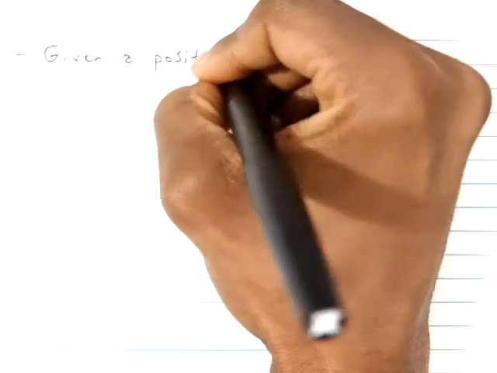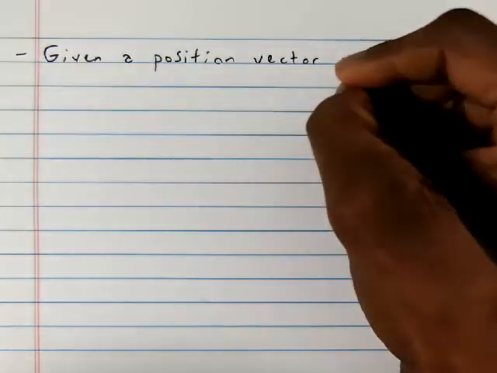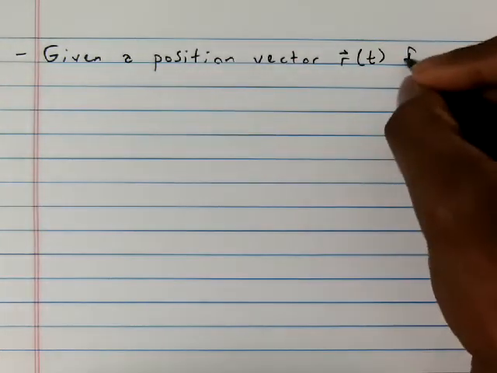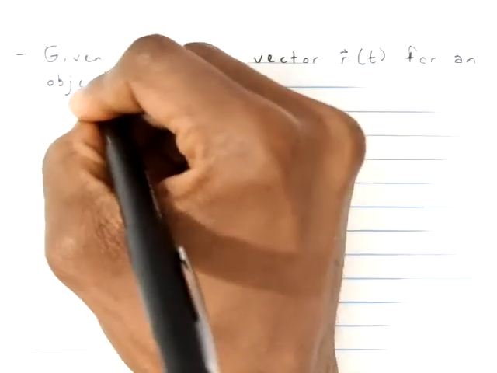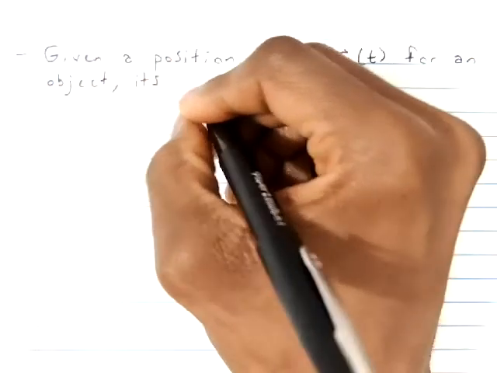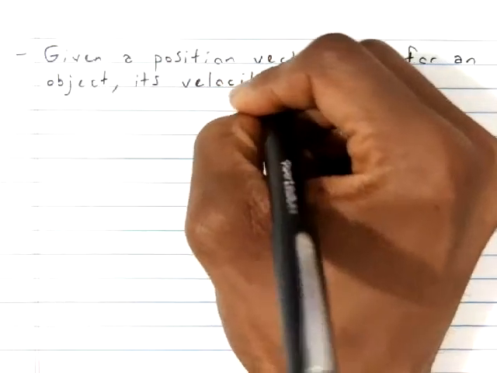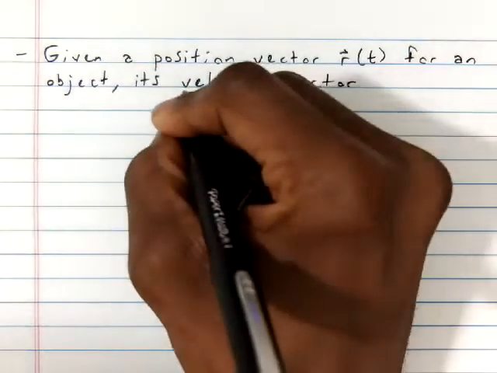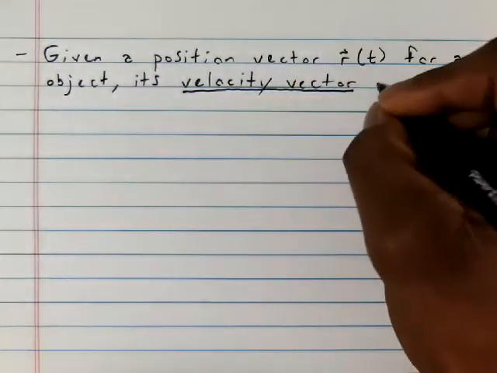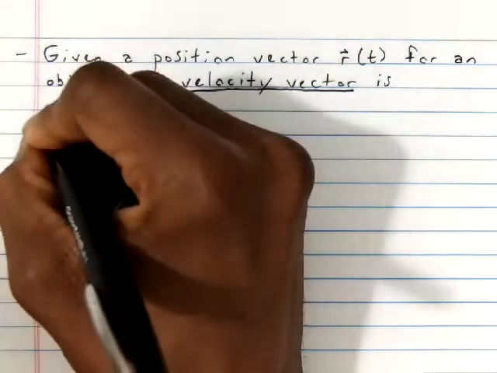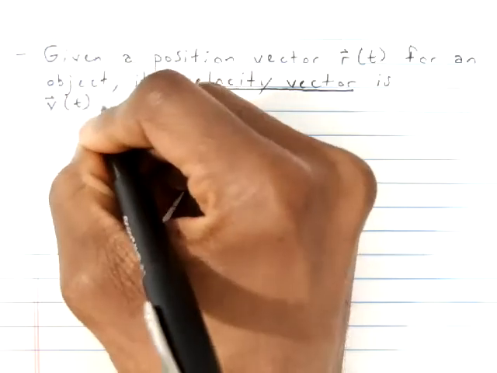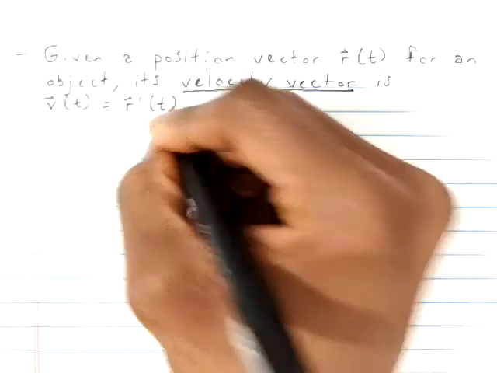So now that we know how to take a derivative of a vector function, given a position vector r of t for an object, its velocity vector is v of t equals r prime of t.